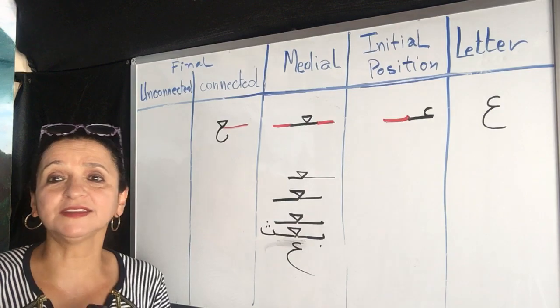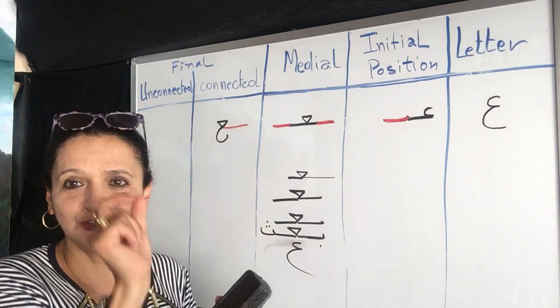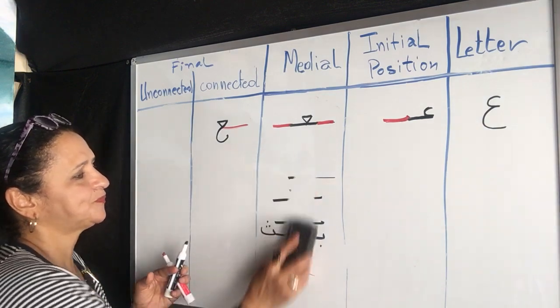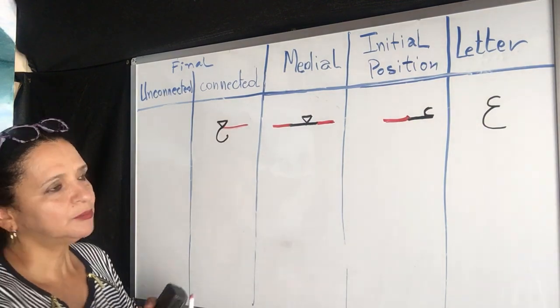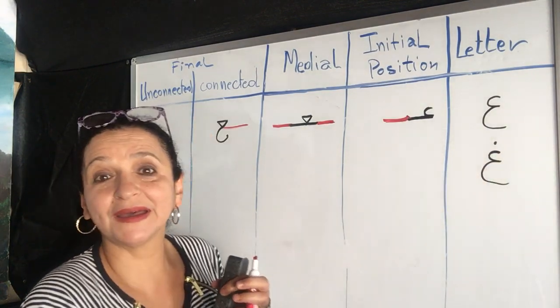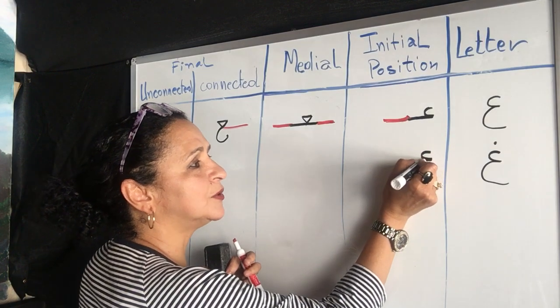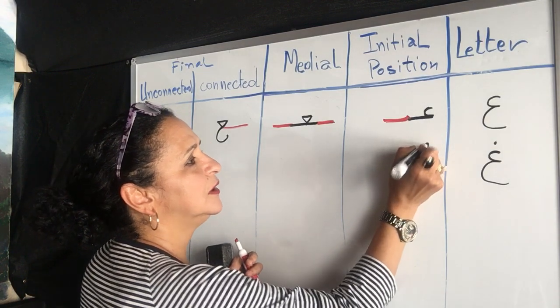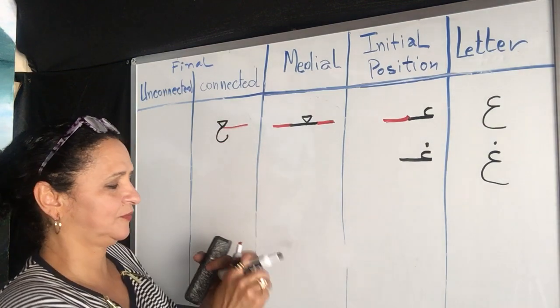For Gha, it's the same thing because the difference between Ain and Ghain is the nukta, the dot. So I have a word which starts with the harf Gha or Ghain at the beginning, and you go, guys, straight on the line. Why? To be connected to another harf.